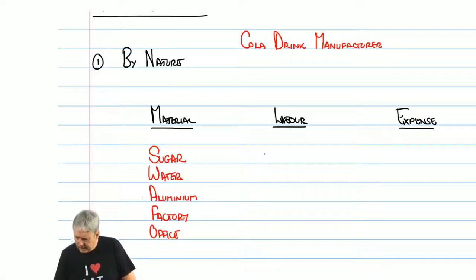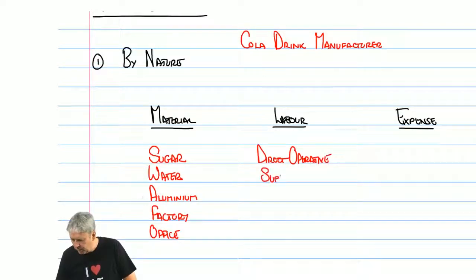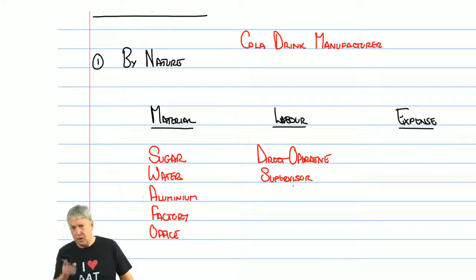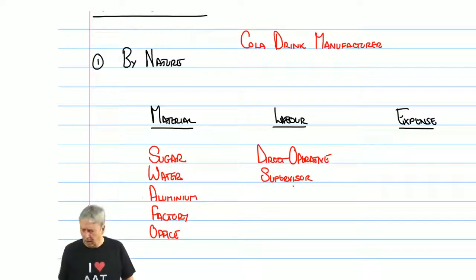Okay. So we've got a direct operative, and I use that term very much advisedly. You've got a supervisor, you know, the person with the clipboard that goes all the time. Okay, you've got possibly the most important person in the whole of the environment, and that is the accountant.